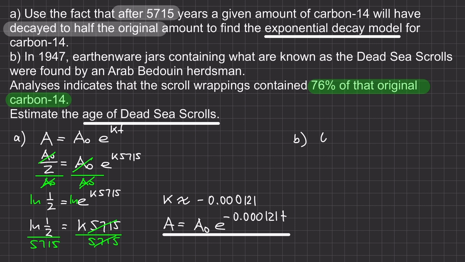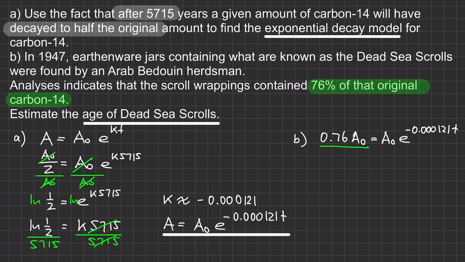So we can write 0.76 times A0 equals A0 times e raised to the power of the negative of 0.000121 times t.